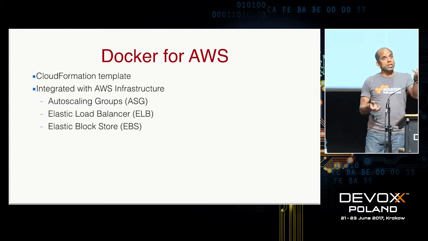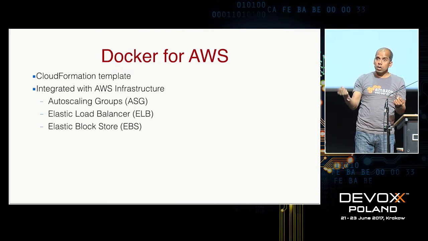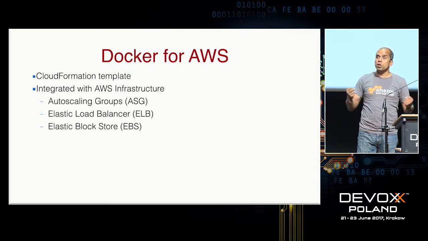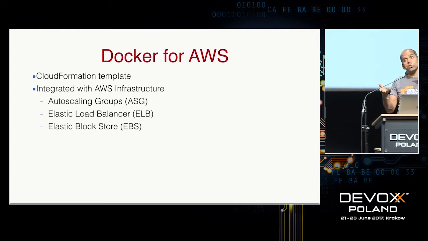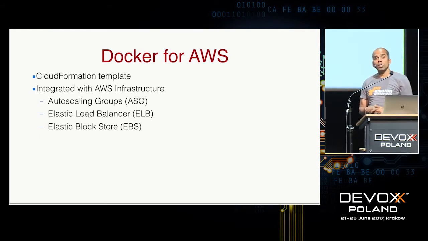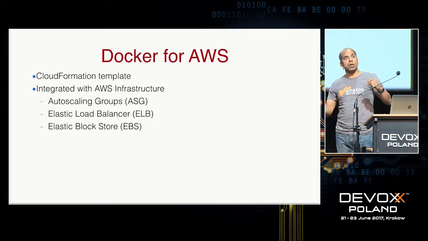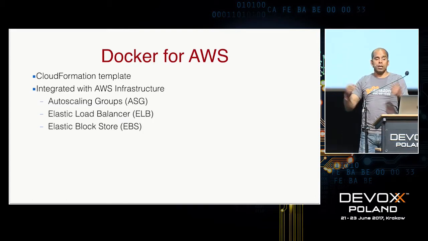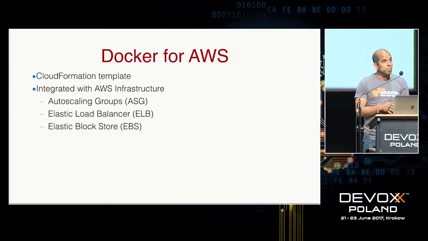So it spins up your EC2 instances. It configures the master, it configures the worker. All of that configuration is automatically done for you. It also configures your workers and masters into an auto-scaling group. And what that means is, if a node goes down, because of being in an auto-scaling group, the node will automatically come back up. It also configures an ELB, an elastic load balancer.